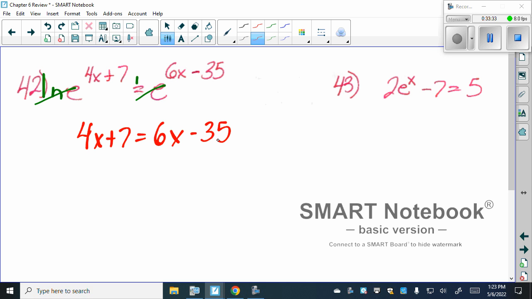But again, our main property is if the bases are the same, the exponents have to be as well. So if we use that, we're just saying 4x plus 7 has to equal 6x minus 35. If I applied ln to both sides, well, we get to the same place.